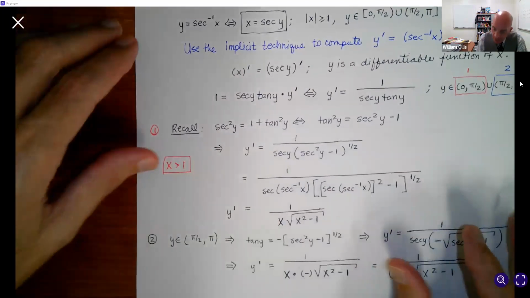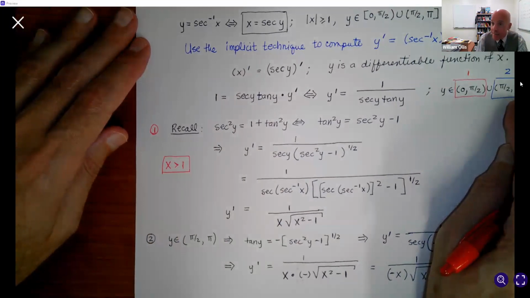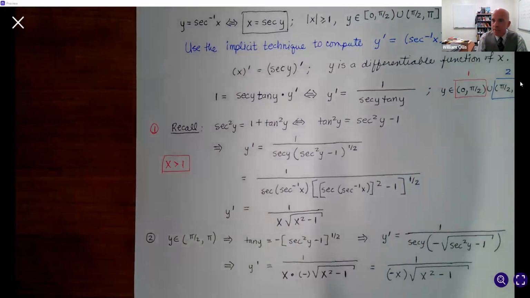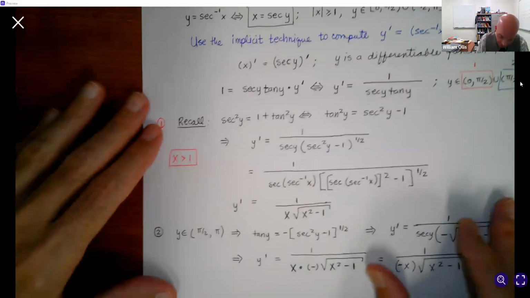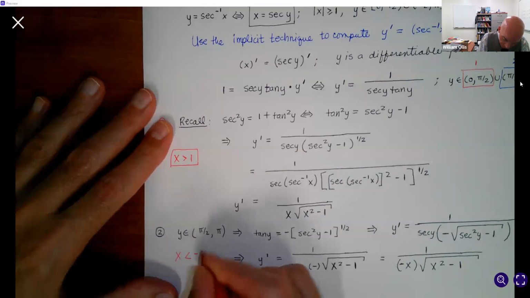And now, of course, when y lives here, x is less than negative 1. So the branches of the inverse secant function correspond to the positive and negative values of x. So x is less than negative 1.